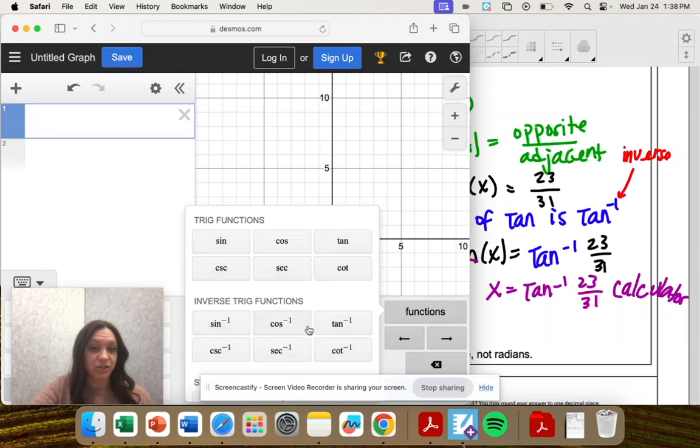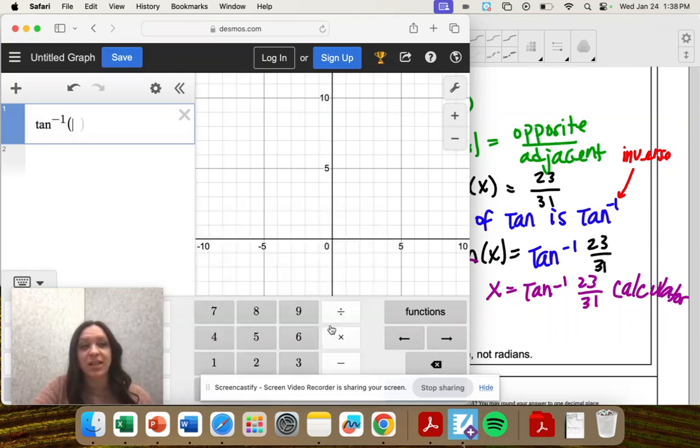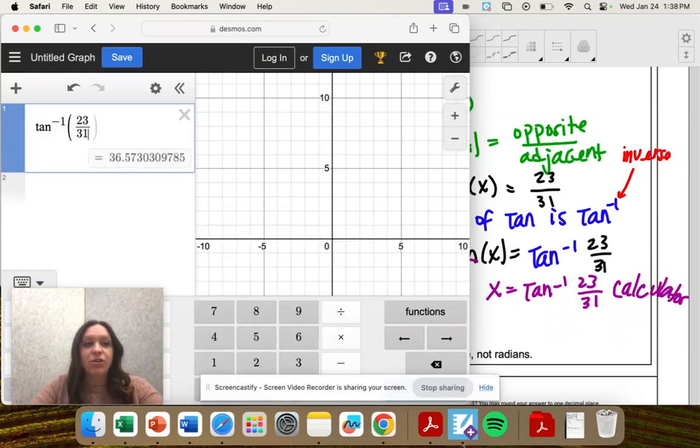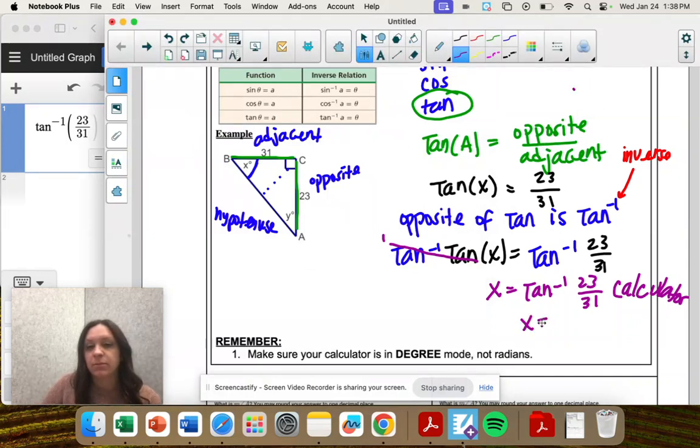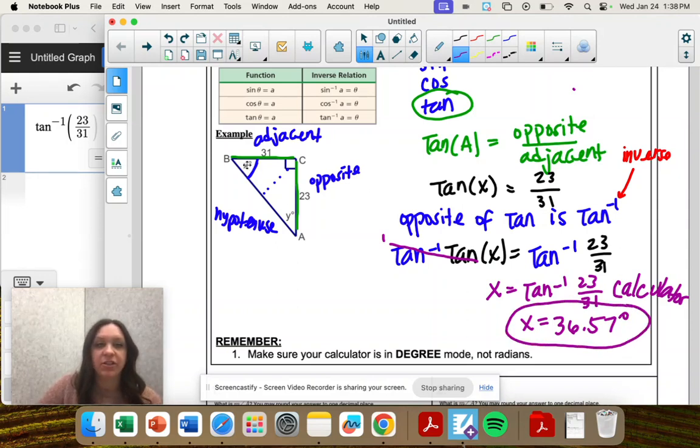The inverse trig functions. So I'm going to take inverse tangent of 23 over 31, and let's round this to 36.57. So 36.57 degrees, that's this angle.